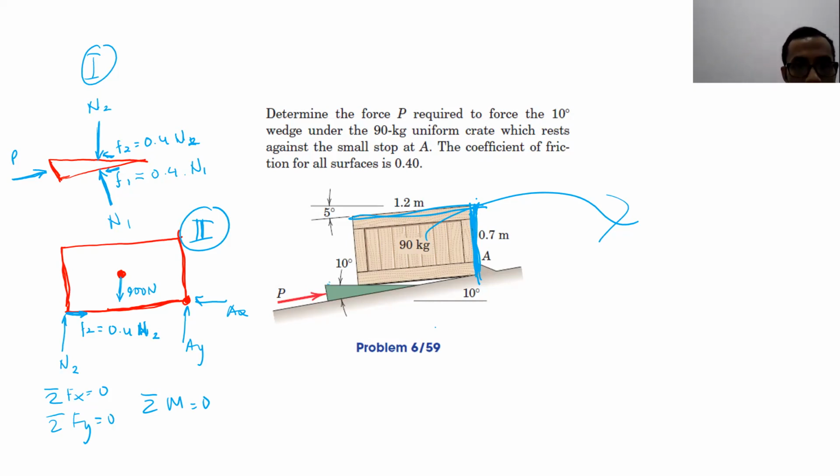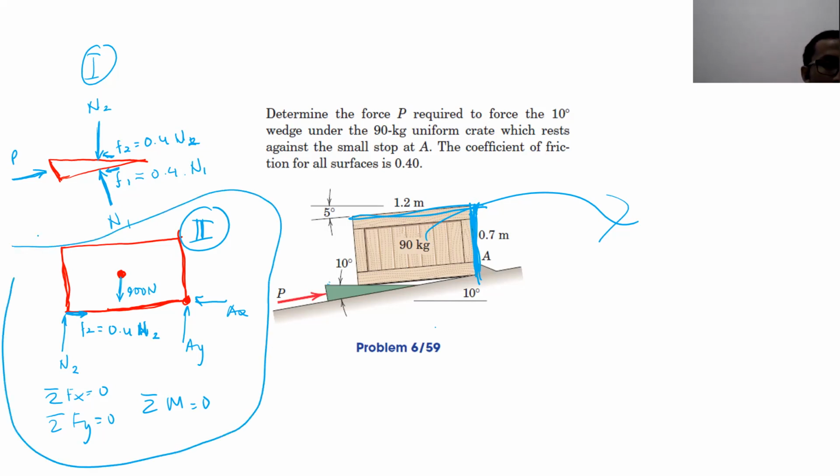So for this particular purpose, right? What value do we need actually, Adam? Could you repeat the question? What value do we need from the second free body diagram, which we need to use in the first free body diagram? N2, sir. Only N2, right?